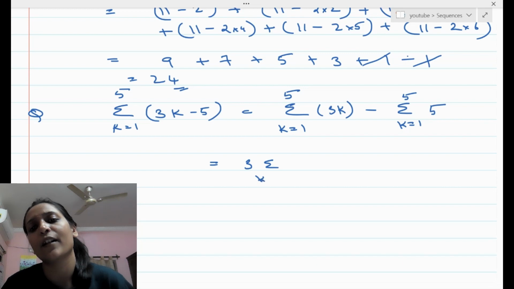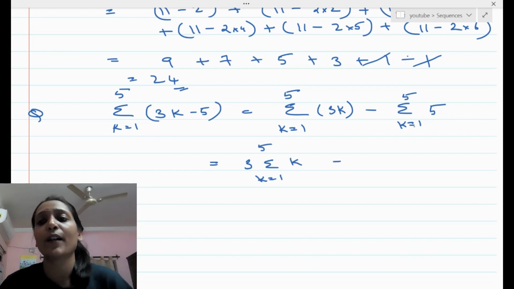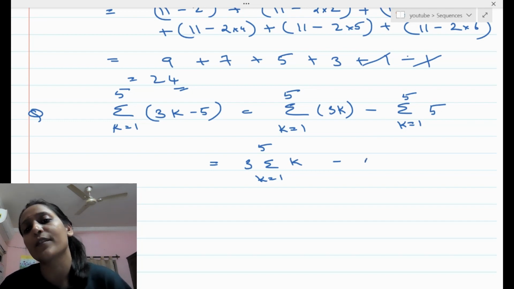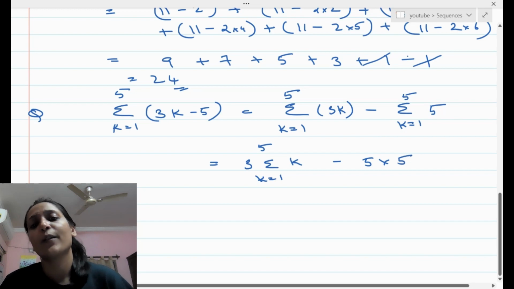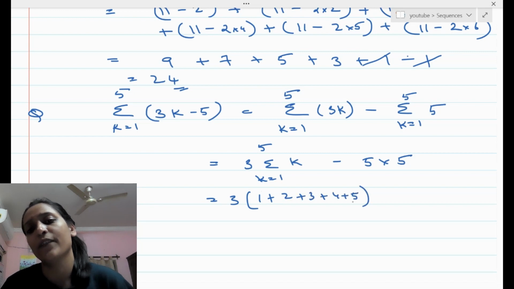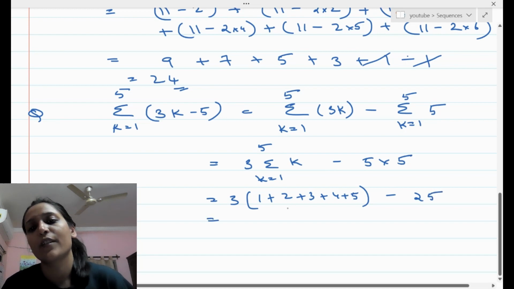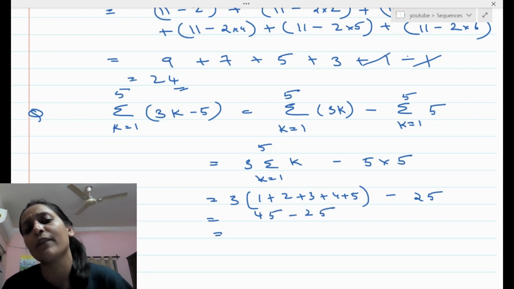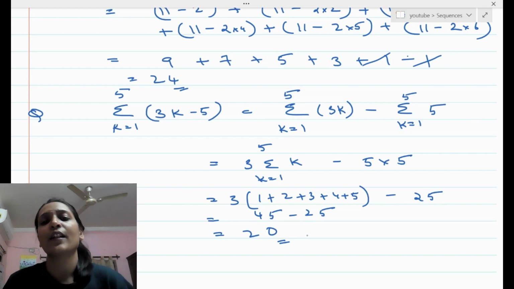So this becomes 3 times sigma k equal to 1 to 5 of k, minus sigma 1 to 5 of 5, which would just be repeating 5 times. So this would be 5 times 5, which is 25. So this is 3 times (1 plus 2 plus 3 plus 4 plus 5) when we expand the sigma notation, minus 25, which is 3 times 15, which is 45. 45 minus 25. So your final answer would be 20.